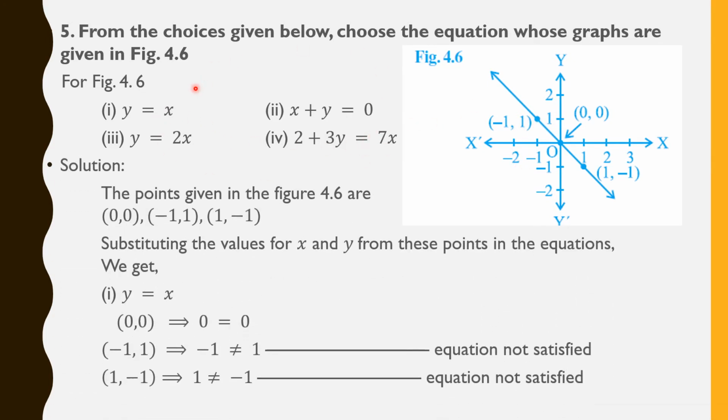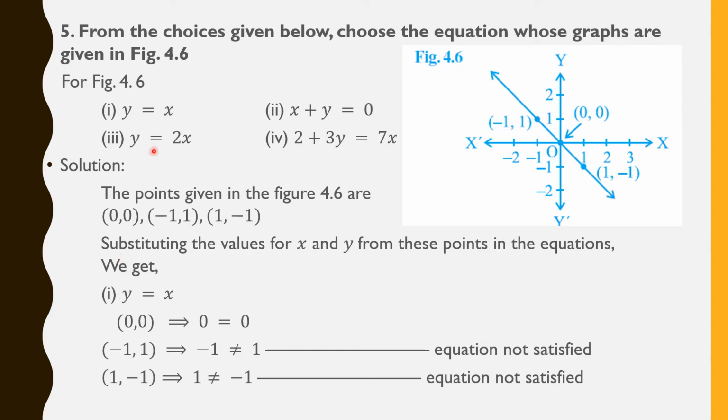So here's the solution. The given points here are (0, 0), (minus 1, 1) and (1, minus 1). Turn by turn, I will put these values in each equation and show this graph is of any one equation from these 4.